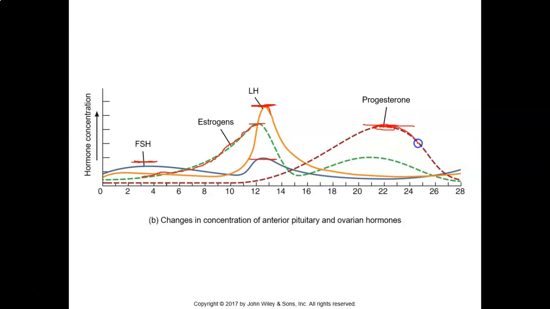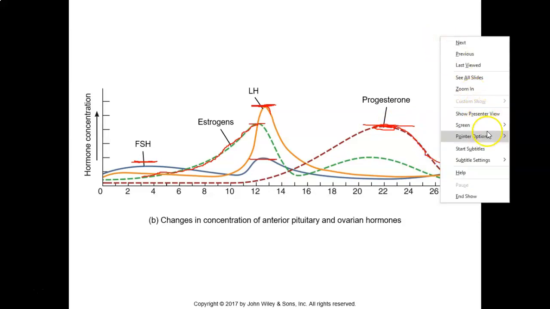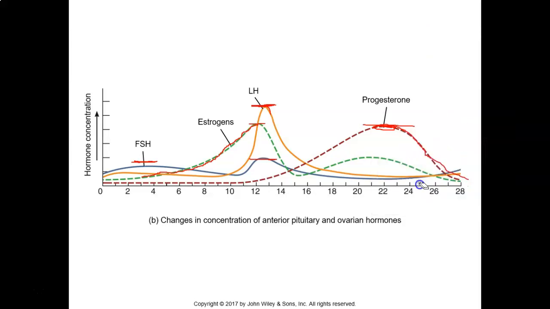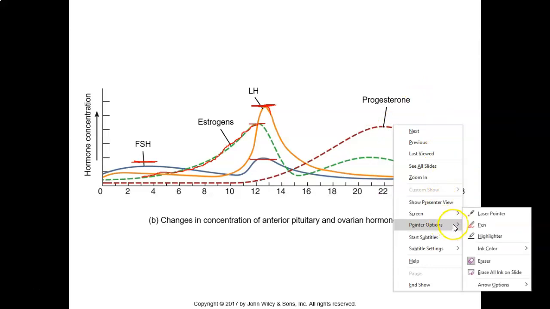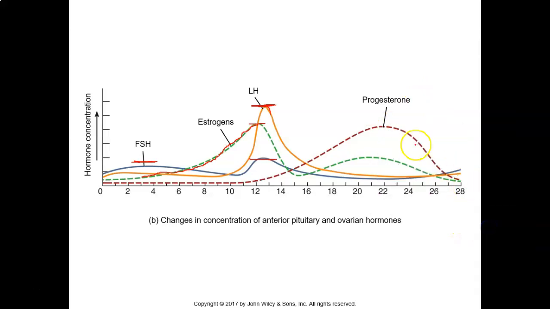Because I saw progesterone go down. If I were to see progesterone continue to elevate, that's when we know progesterone levels are elevating and not dropping off. Well, this person must be pregnant.